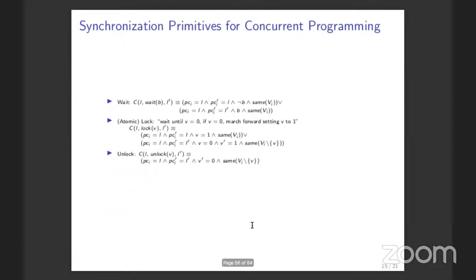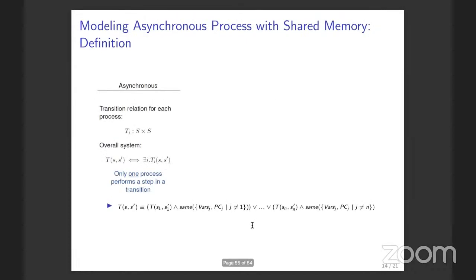So that's how you construct it. Here I'm assuming each individual process is modeled as a sequential process, and it has its own PC and its own variable component. And I'm assuming that all the shared components are captured by a single copy here.